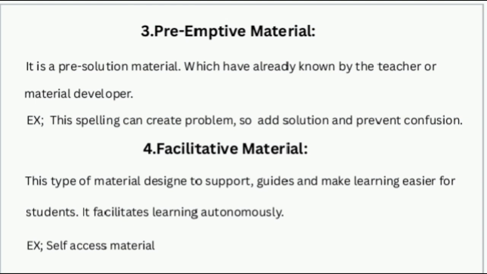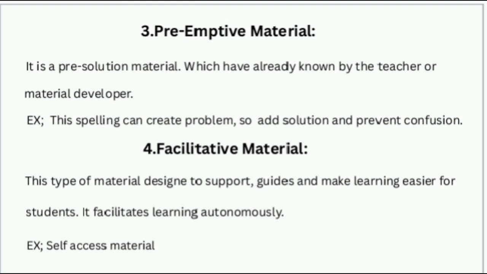So what will she do? She will firstly give solutions to their confusions. For example, this spelling can create a problem, like we have put and but. But see, in both spellings we have the o sound.